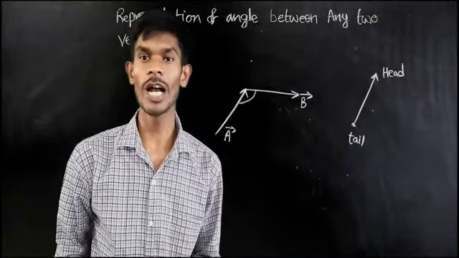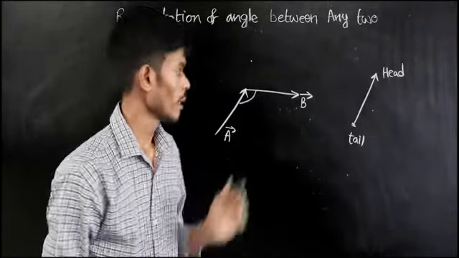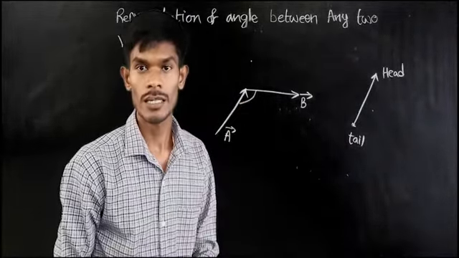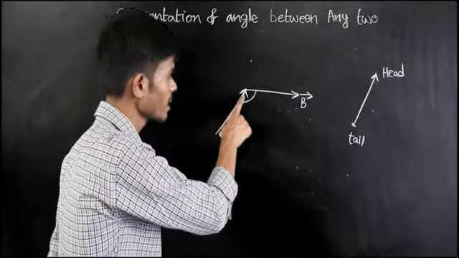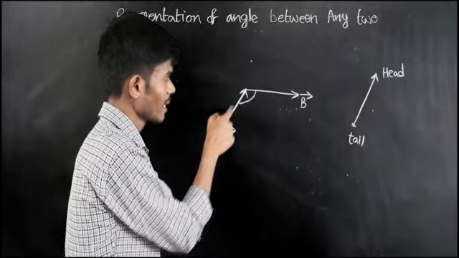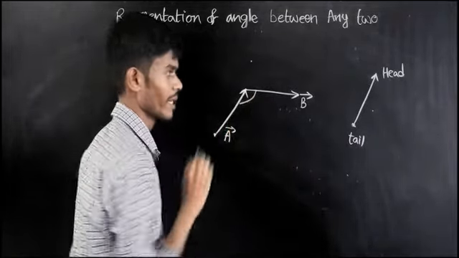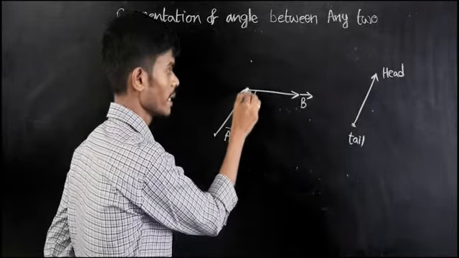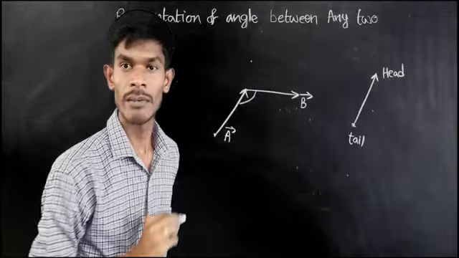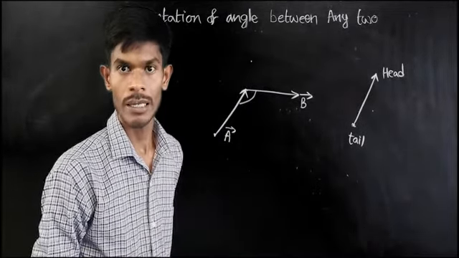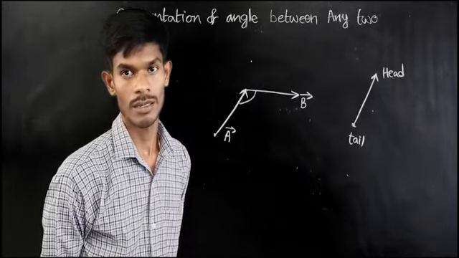So if you want to measure the angle between any two vectors, both vectors' tails should coincide with each other. Here, a bar vector and b bar vector are both there, but the initial point of the b bar vector coincides with the terminal point of the a bar vector. Then how can we measure the angle between these two vectors?